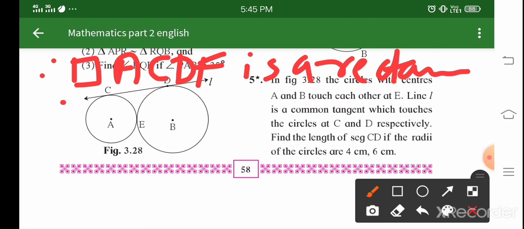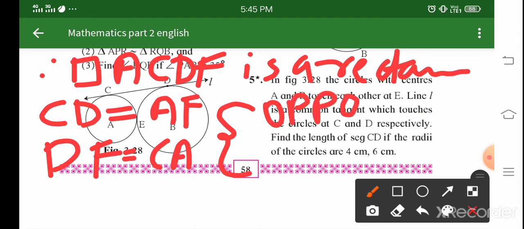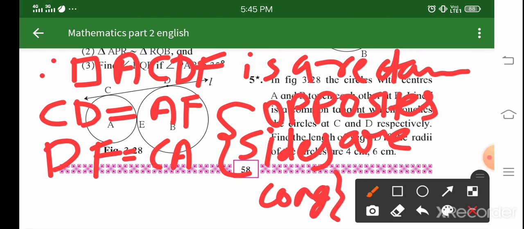So your opposite sides are CD is equals to AF, okay, and your DF is equals to CA, right? Opposite sides are congruent. Okay, so just make it as equation number 1, you can say.